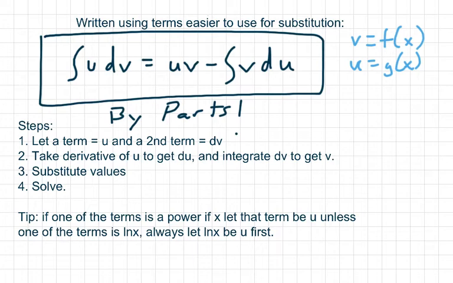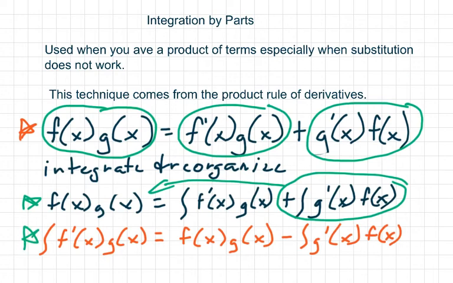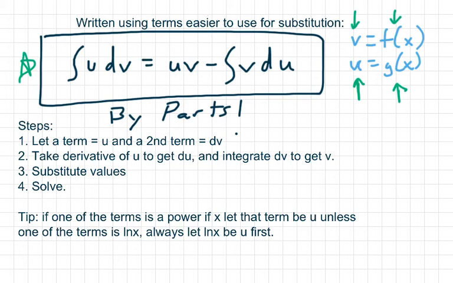If you're referencing from the previous page, I have substituted u in wherever there was a g of x and a v in for wherever there was an f of x. And of course, dv and du come into play. So this is the exact same formula as this one right here, just written using different variables.